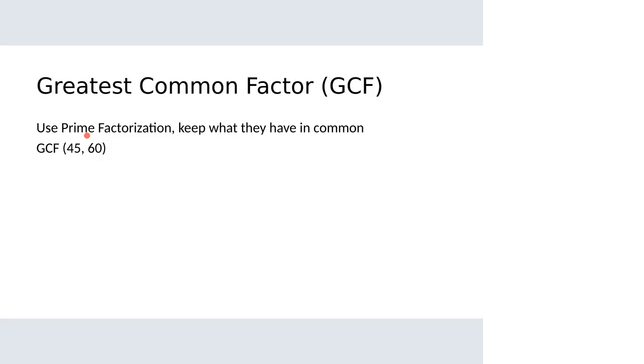As I do this, you let me know if you see anything that you're unsure of or have questions about. So 45, that looks like 3 times 15, and that looks like 3 times 5. So my prime factorization of 45 is going to be 3 squared times 5. Again, let me know if you see anything that isn't clear or doesn't make sense.